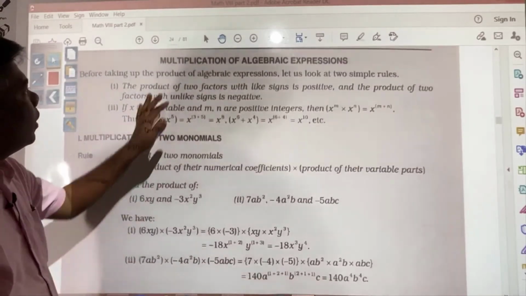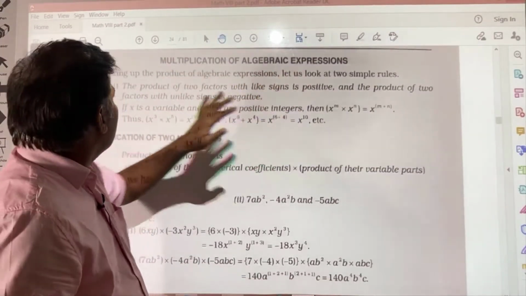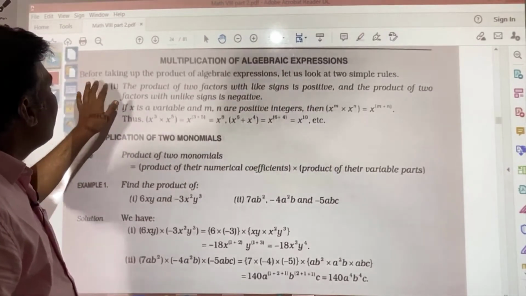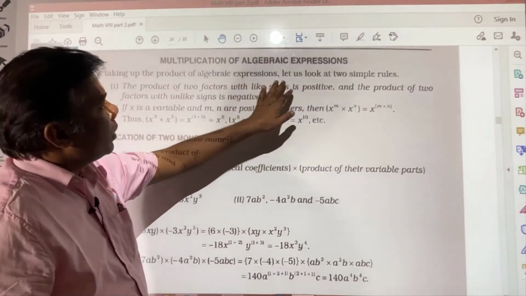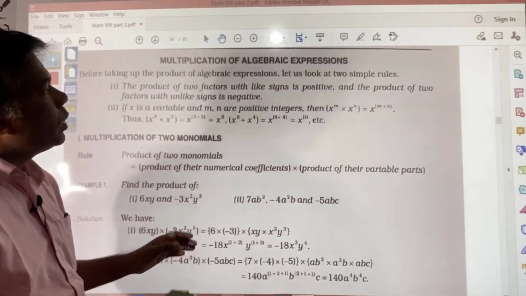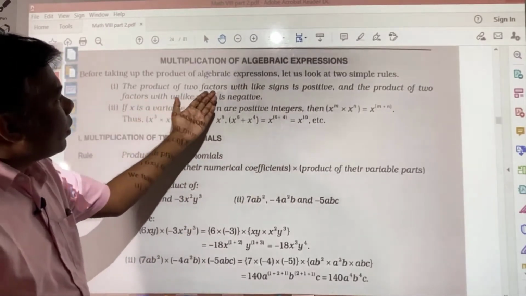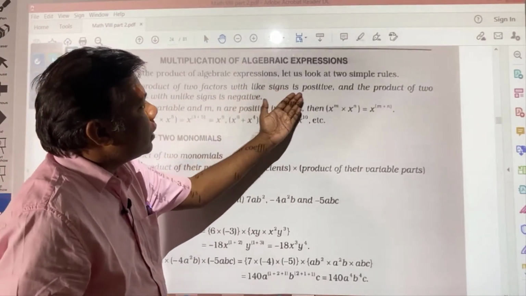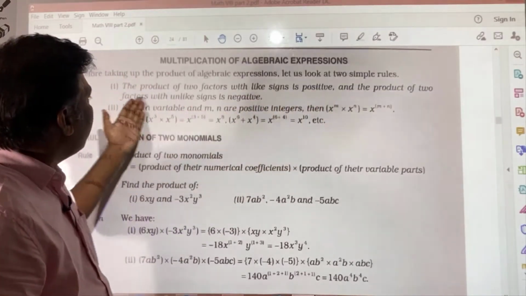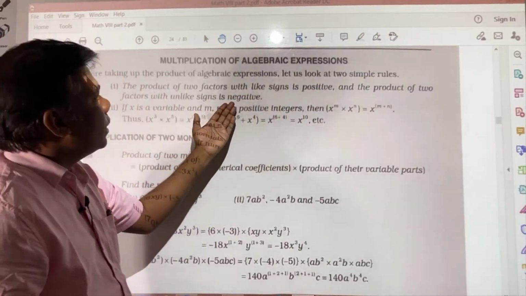Here you see multiplication of algebraic expressions. Before taking up the product of algebraic expressions, let us look at two simple rules. The product of two factors with like signs is positive, and the product of two factors with unlike signs is negative.